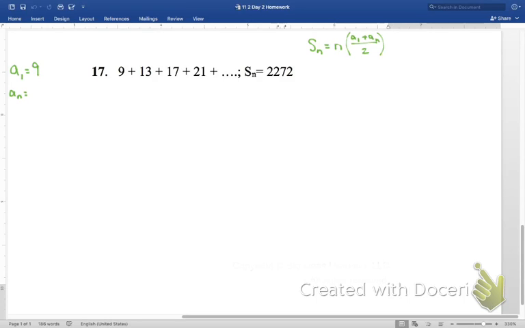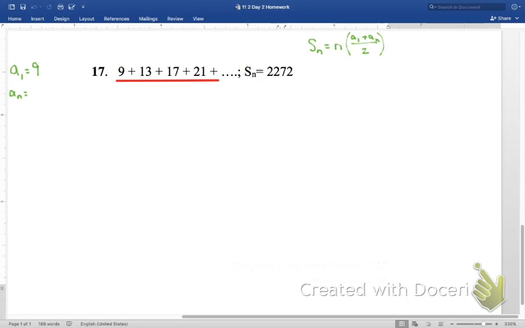So we need to know what the rule is to use it for the sum, because I'm going to set up 2,272 equal to everything else. Okay, so I need to know what the rule is because I don't know how many terms I'm going to have. So the first thing I need to do is I need to know what's the rule for everything here.